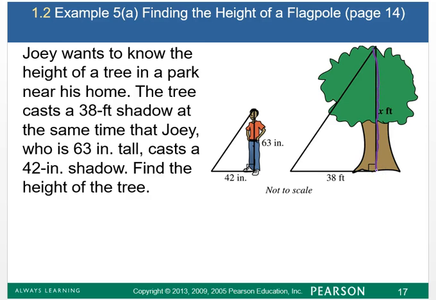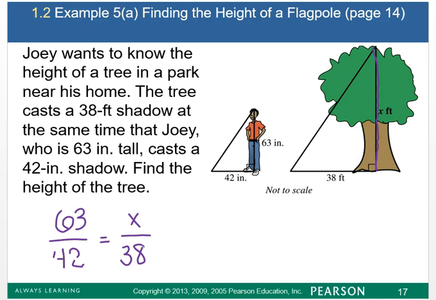This right here is x feet, and that's what we're trying to figure out. We know this person is 63 inches tall and his shadow is 42 inches. And we know the tree is x tall and casts a shadow of 38 feet.